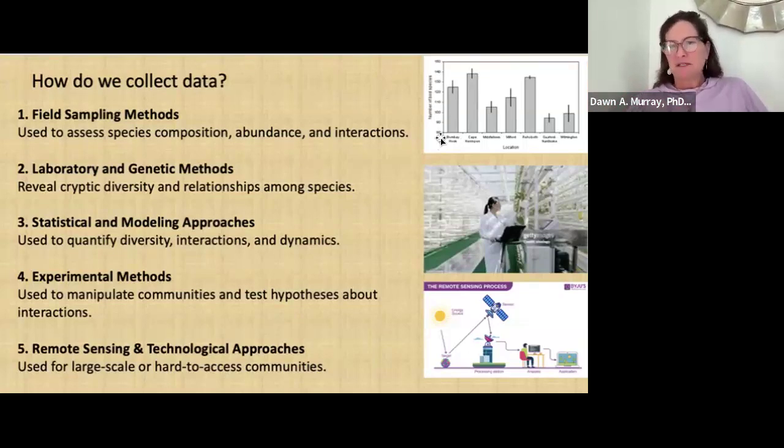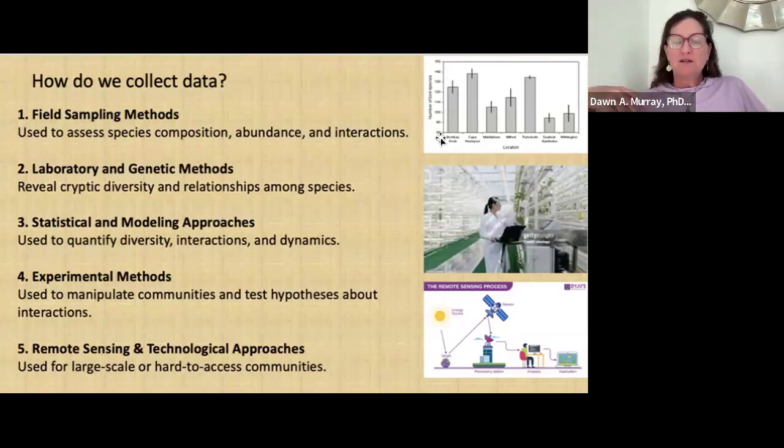There's also lab and genetic methods. So there's a place for that in applied ecology. This kind of study in a lab might be looking at DNA and species differences, and laboratory and genetic methods often reveal cryptic diversity and relationships among species that you can't observe if you're just looking at them or counting them in the field.